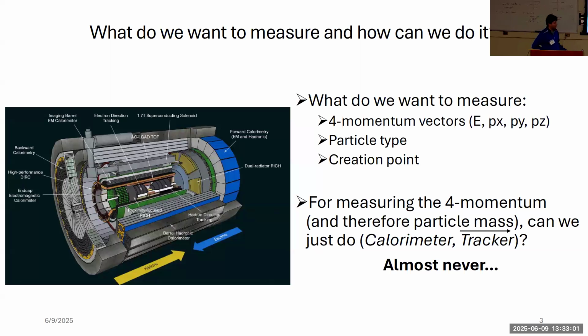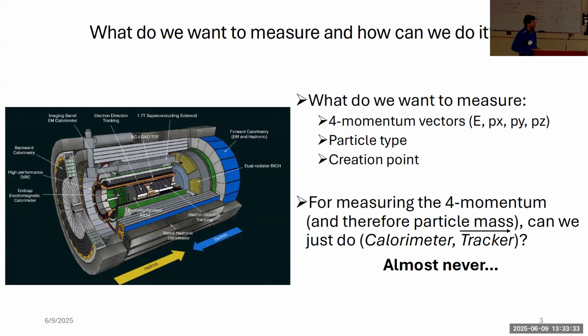These can be electrons, positrons, muons, photons, charged pions, charged kaons, protons, neutrons, and kaons. Some of the things we would want to measure are the four-momentum vectors of these particles, so the energy and the momentum vector. We'd want to know what particle type it is, so if it's a positive pion, a negative pion, an electron, and so forth. And we also want to know its creation point.